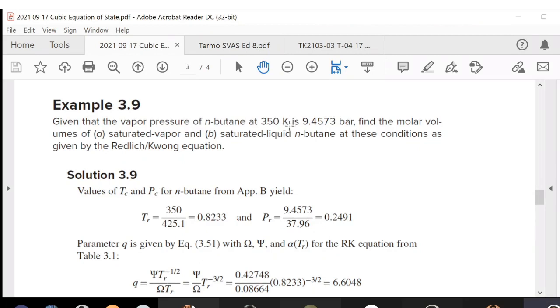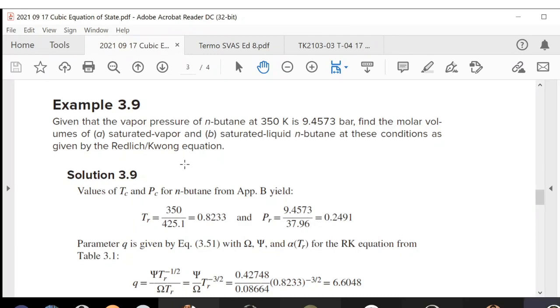So remember PVT: we know the temperature, we know the pressure. The one that we don't know is volume. Therefore, the question is to find the molar volume, volume per mole, for the two phases, saturated vapor and saturated liquid, using the Redlich-Kwong equation of state.